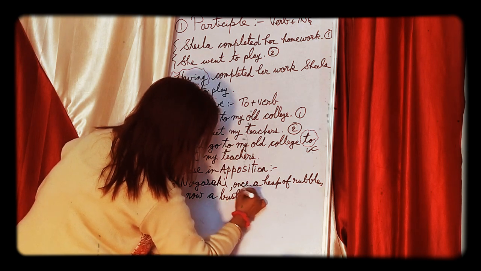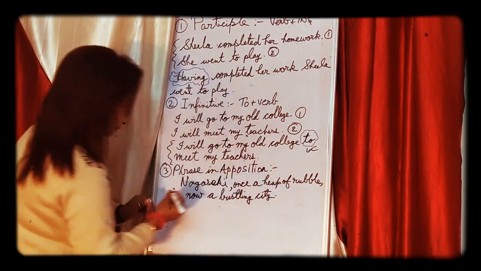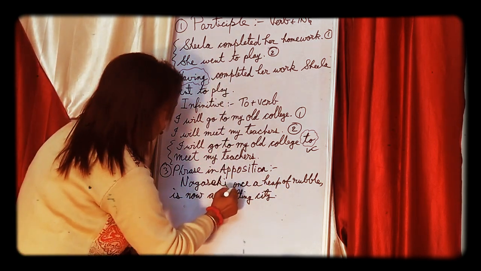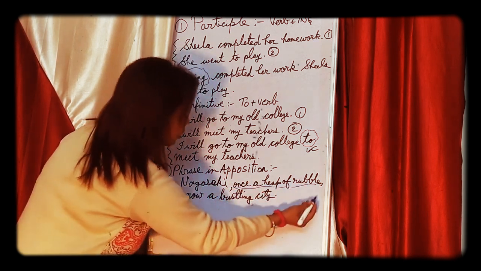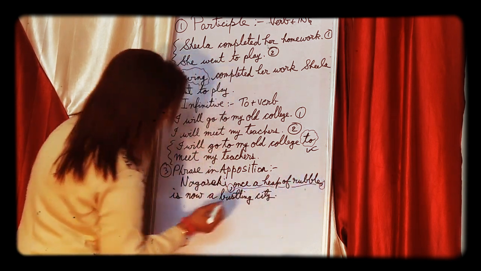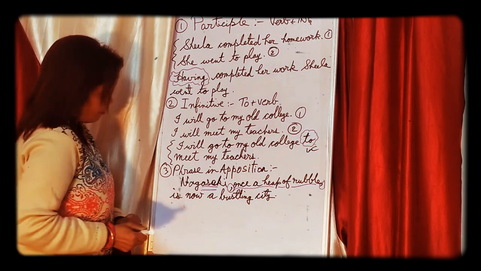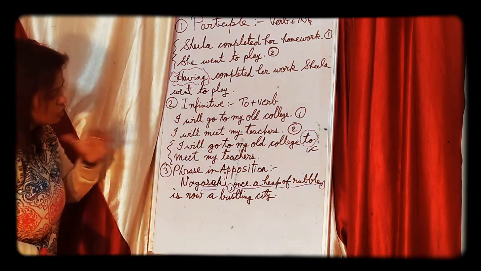So now children, what is the phrase in apposition here? The phrase in apposition here is this whole part: once a heap of rubble. Now you see there are commas here. And this is the noun. So phrase in apposition describes the noun just before it.